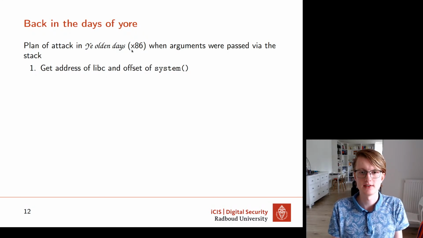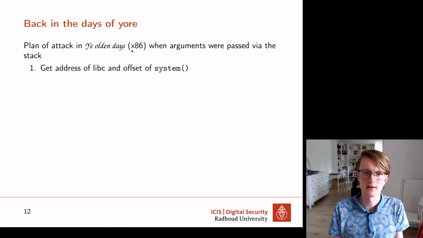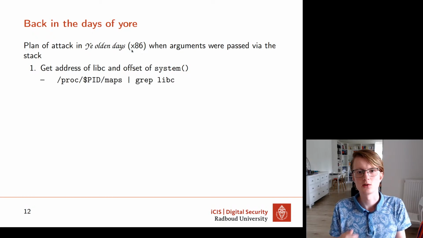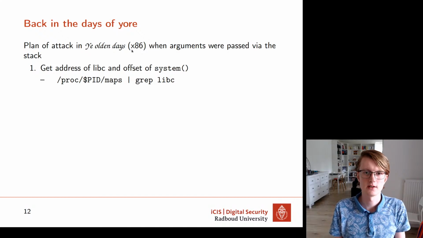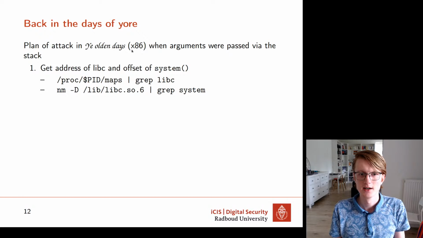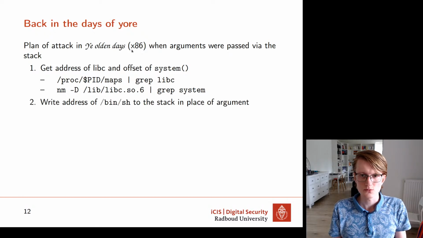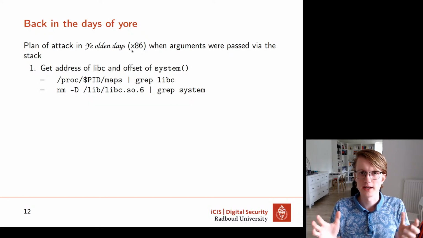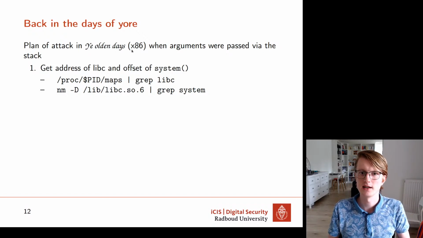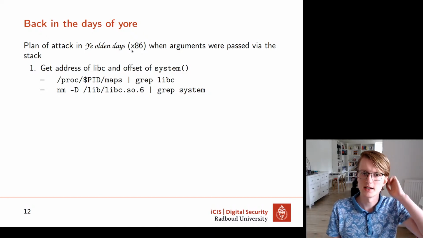So we could get the address of libc and the offset where system was at to compute the correct address we need to overwrite. You can use some nice magic for that. And without any protections, all of these numbers are usually at the same place on the same computer. So this was just something that you could do.